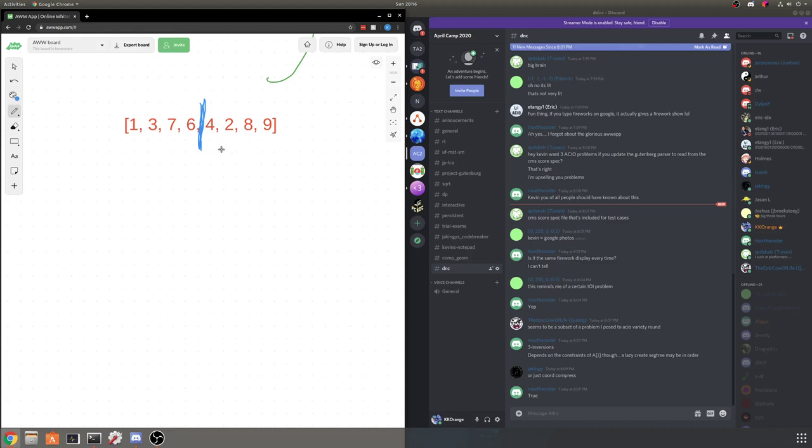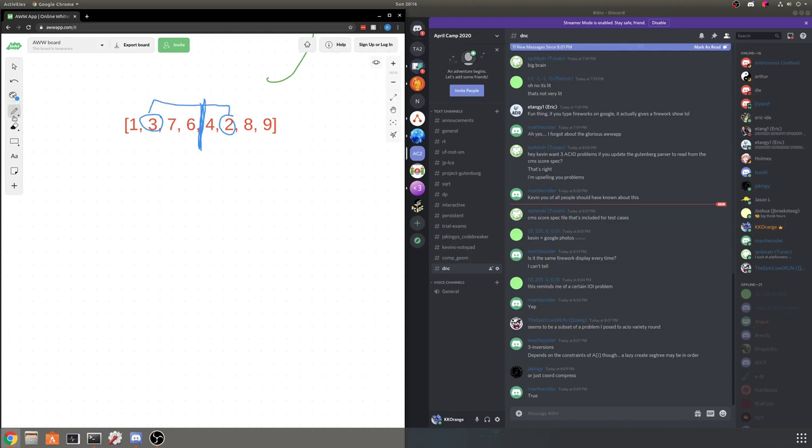We're trying to count the number of pairs of elements where one element is on this side of the array, one element is on this side of the array, and the element on the left is actually larger than the element on the right, because that counts as an inversion.